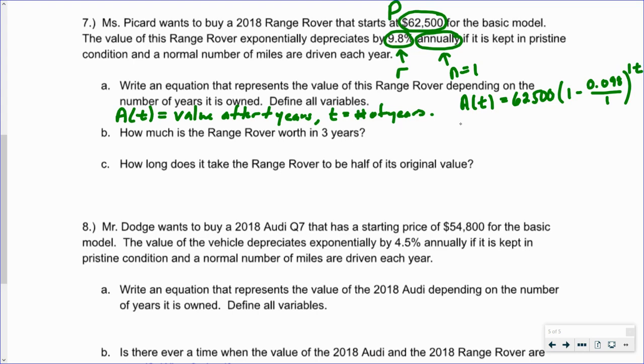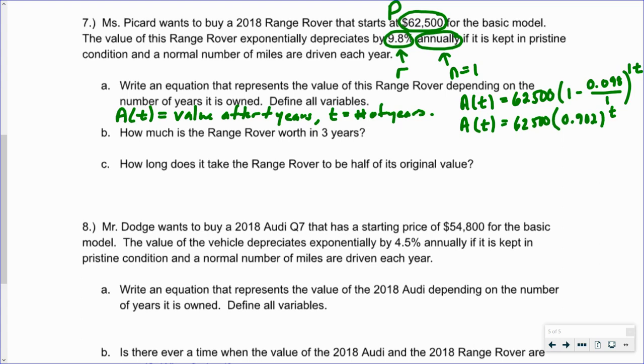And if I simplify this down a little bit, I get A of t equals 62,500 times 1 minus 0.098 divided by 1, which is 0.902, and that's going to be raised to the t power. Okay, so that's the formula that represents the depreciation or the value of the Range Rover over t number of years.